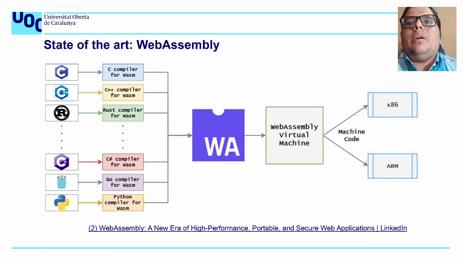As we can see here in the image, we can take a lot of low-level languages like C, C++, Rust, and compile each of them with a specific compiler that is designed to target WebAssembly. After that, we can use it on any machine.